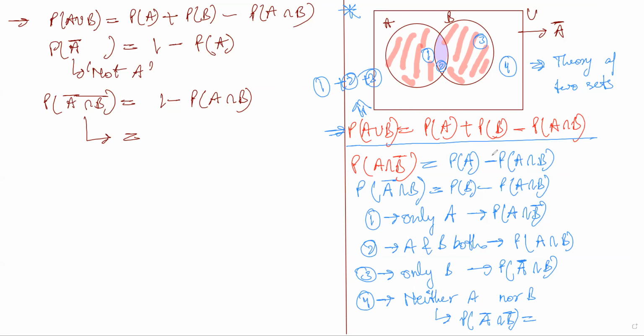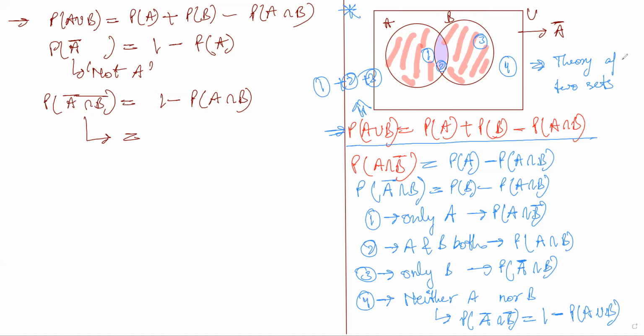If you want to find out this fourth portion, we can basically subtract 1 minus probability of A union B. This whole portion is 1. Probability of the universal set is 1. The universal set is all the universe, so all the universe will happen every time. If you take any point out of this universe, that is in the universe. That is why the probability of the universal set is 1.